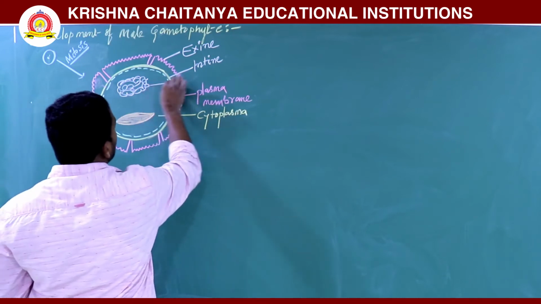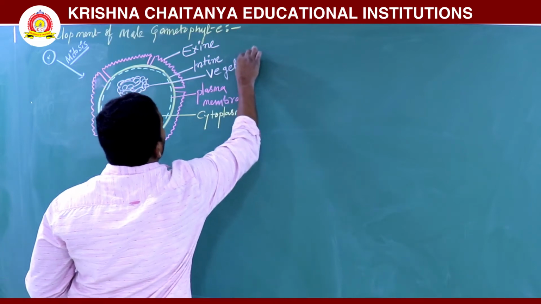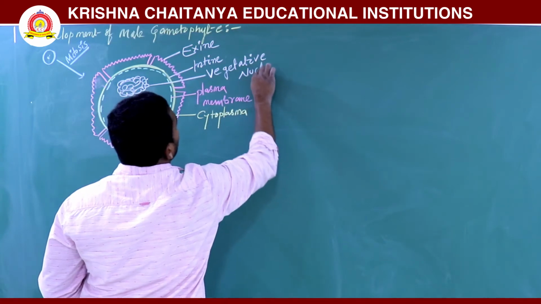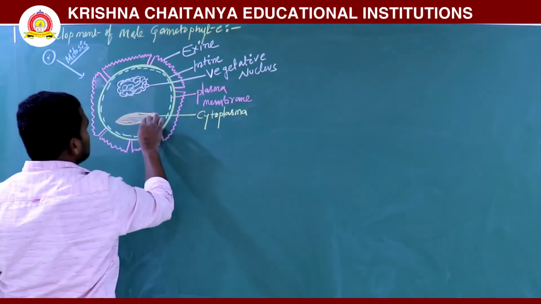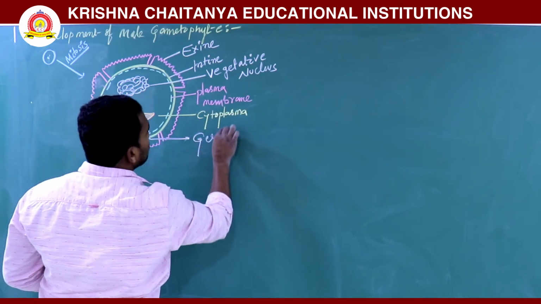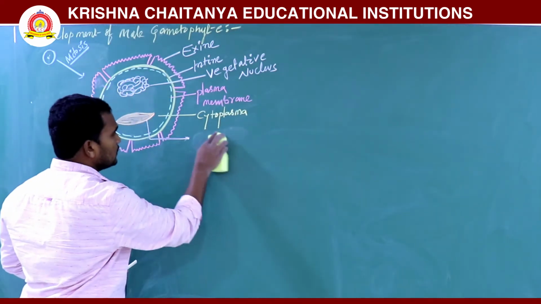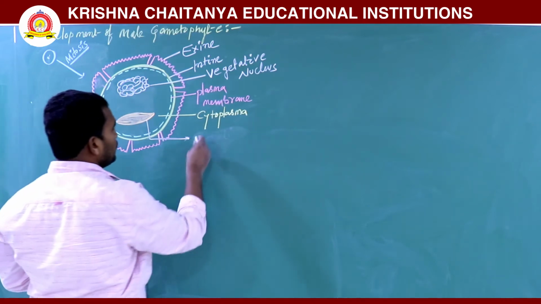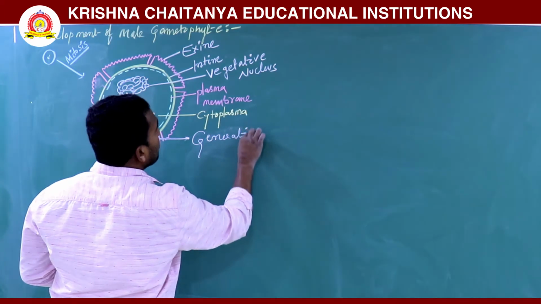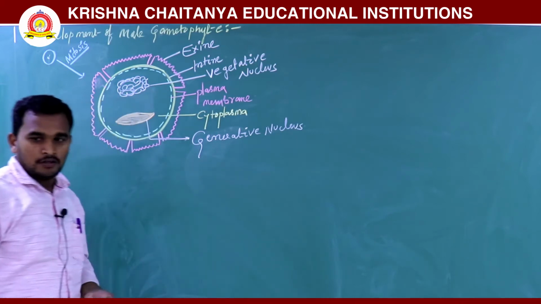This is called the vegetative nucleus, or vegetative cell. This is called the generative cell, or generative nucleus.